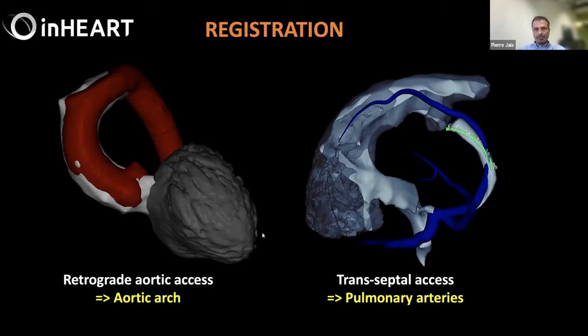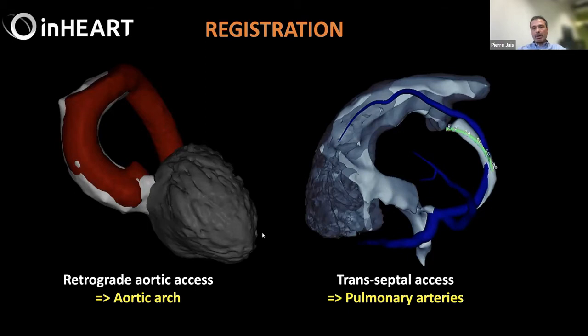If you choose to go transeptal, which we often do in elderly patients with quite some atherosclerosis, you know, there are always plaques in the aorta, and sometimes it's probably safer to go transeptal. Then in this case, we would fast map the pulmonary arteries and align the two models based on the pulmonary arteries. That's exactly the same process. We are as restrictive on the respiratory curves, and we get registration the same way.